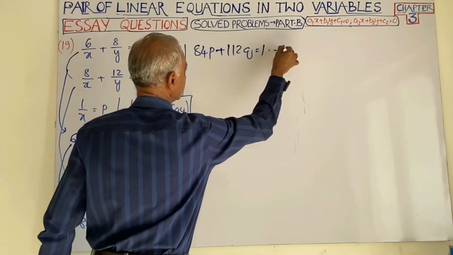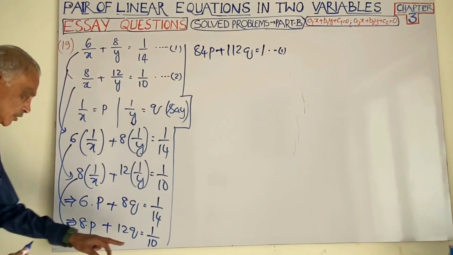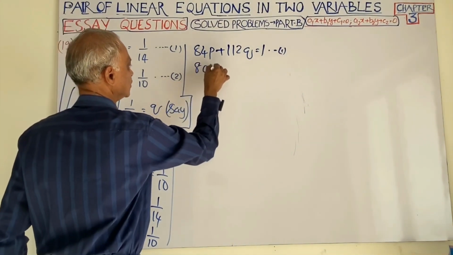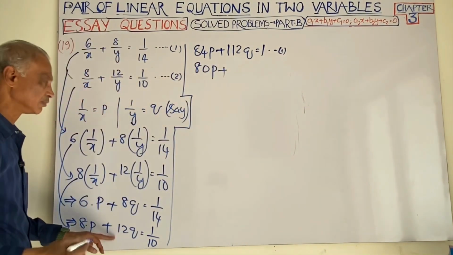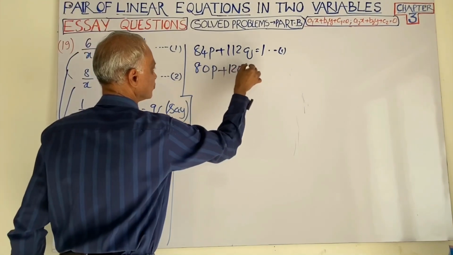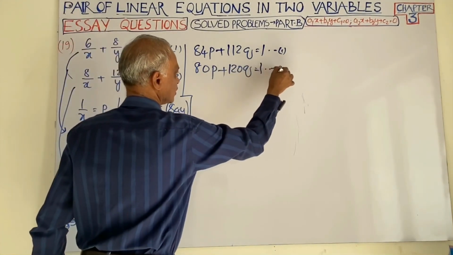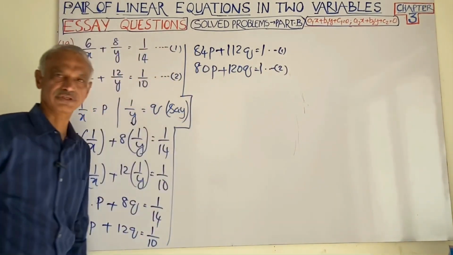This is equation 1. Next, 10 into 8, 80p plus 10 into 12, 120q is equal to, here you got only 1. This is equation 2. We have two equations.